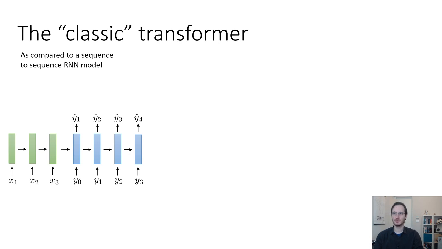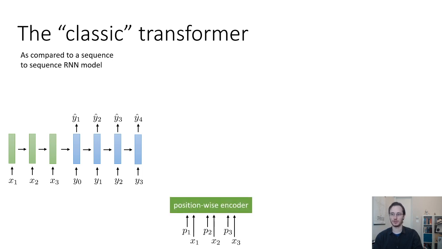To make this into a transformer, we will basically replace the encoder and the decoder with successive self-attention layers alternating with position-wise nonlinear transformations. So the encoder is going to get a sequence of x's with corresponding positional encodings, P1, P2, and P3. At every position, we will encode these.